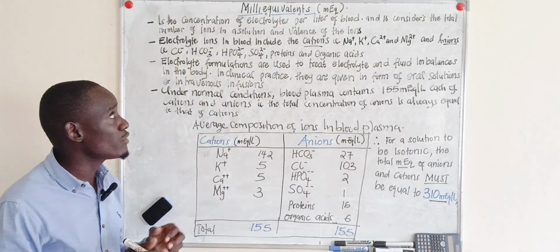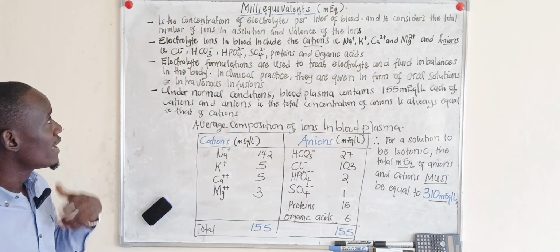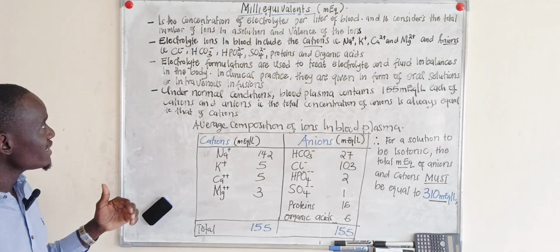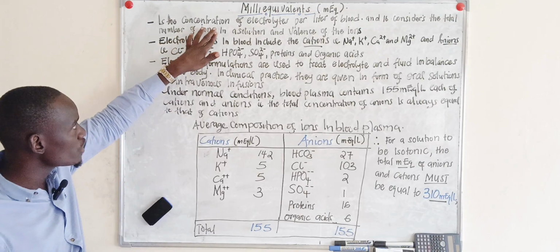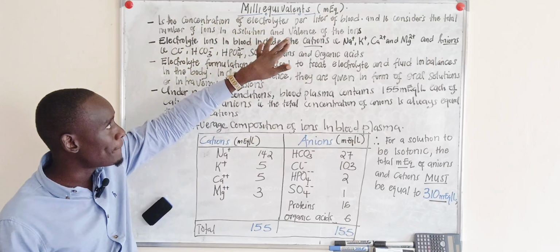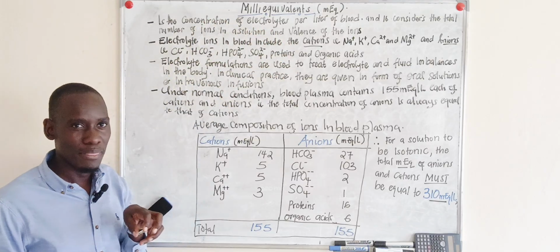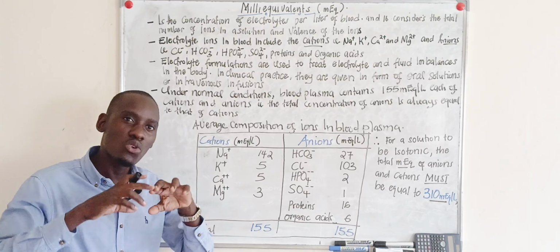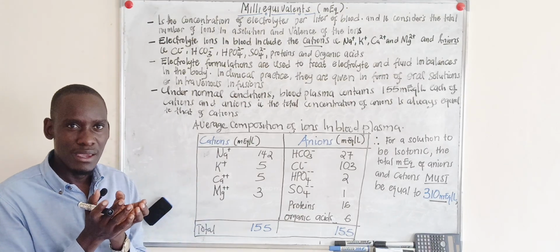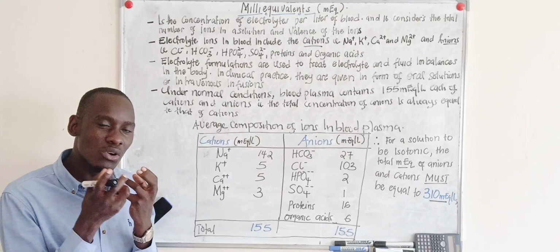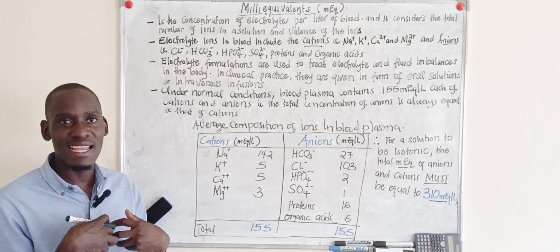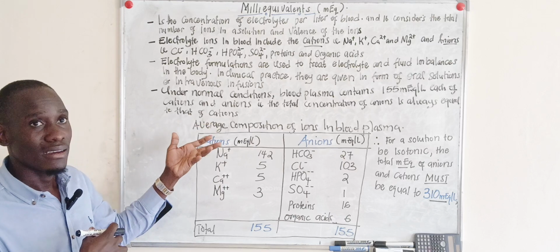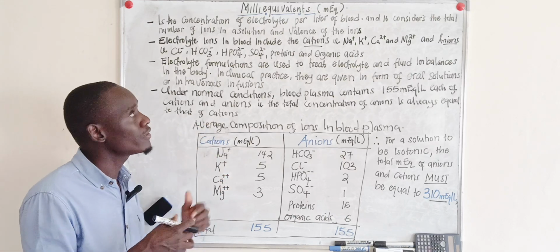What is milliequivalents? Like we talked about last time, milliequivalent is simply the concentration of electrolytes per liter of blood. We are all aware that blood has electrolytes, because it has a composition of certain ions in it, as we are going to see as we move on.